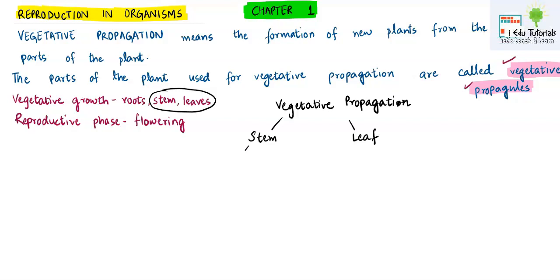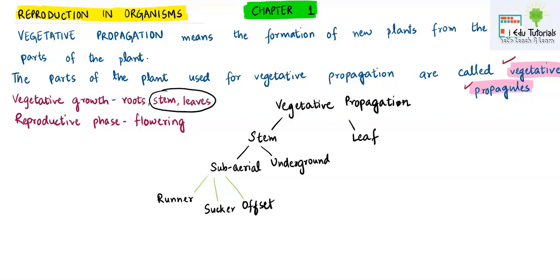Now we will study that the stem could be subaerial or it could be underground. Both are there in the grade 12 syllabus. In subaerial, we will be studying three, and the first one of course will be runner. The second one will be sucker, and the third one will be offset.